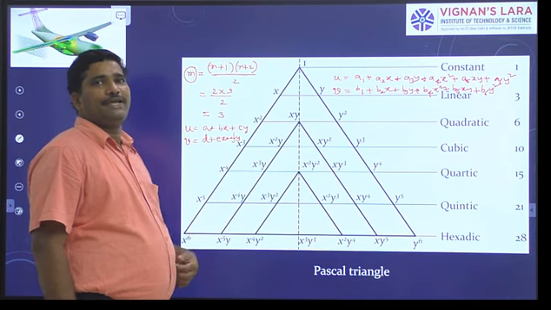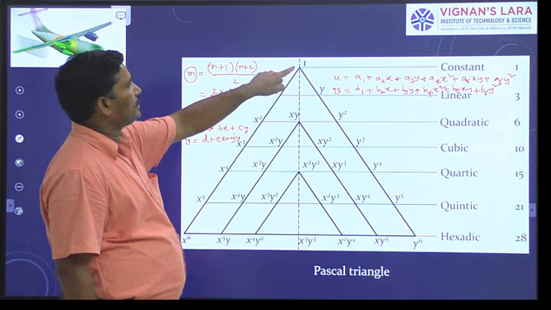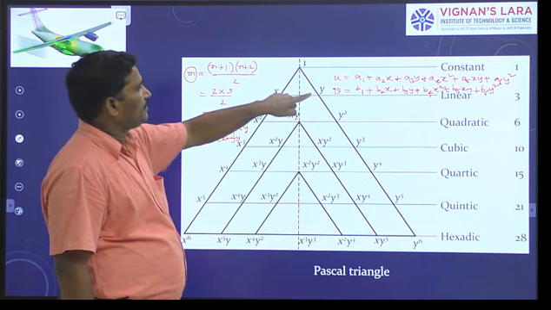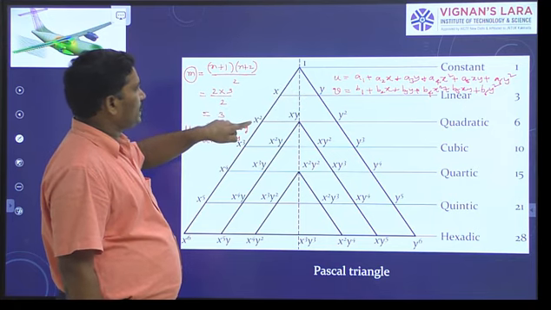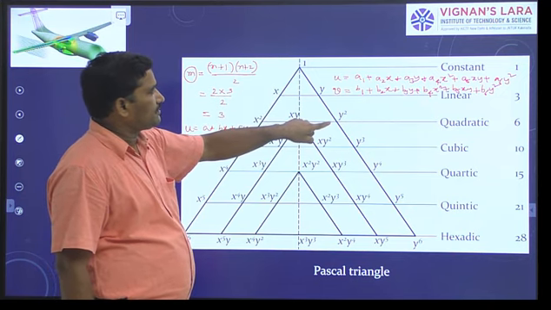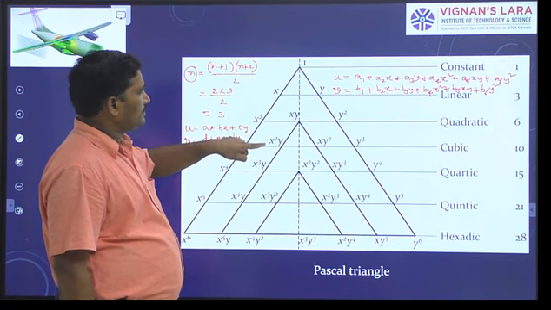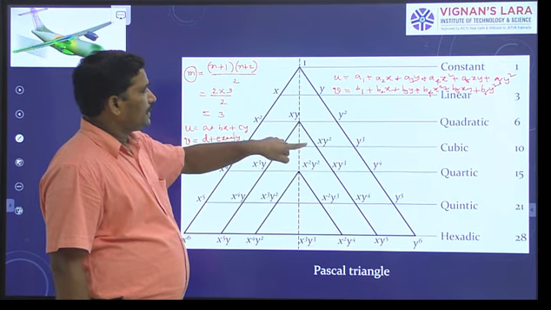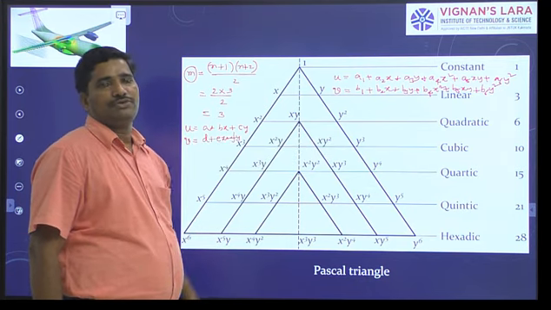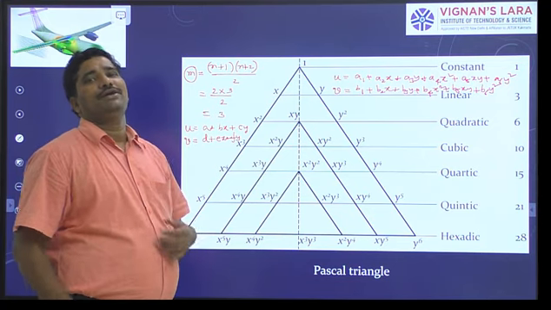Now the displacement v, how do you write? Displacement v equals b1 into 1 plus b2 into x plus b3y plus b4x square plus b5xy plus b6y square plus b7x cube plus b8x square y plus b9 xy square plus b10 y cube. This is how you can write the third order polynomials.